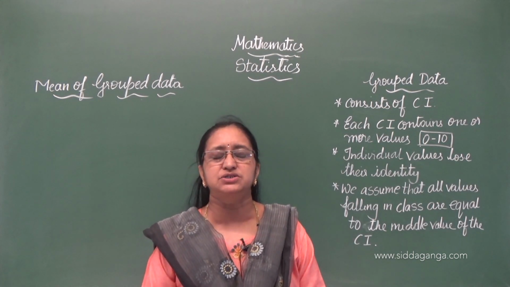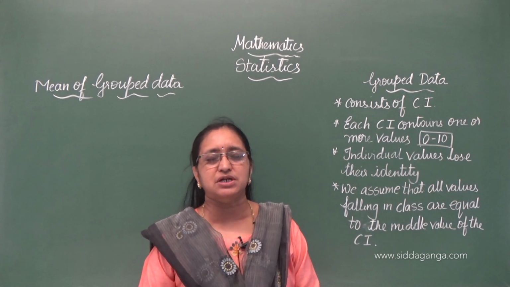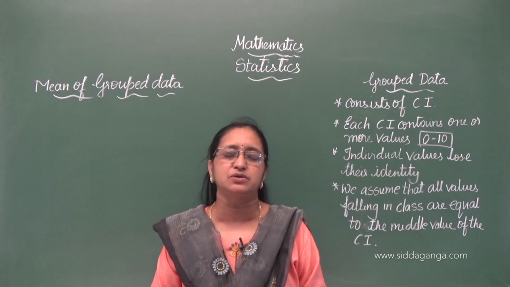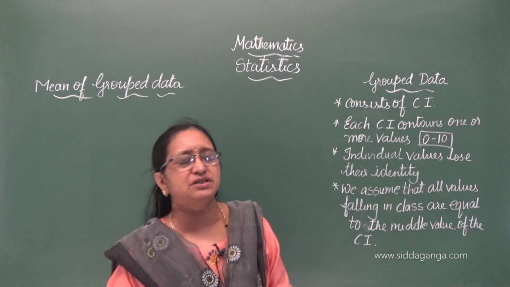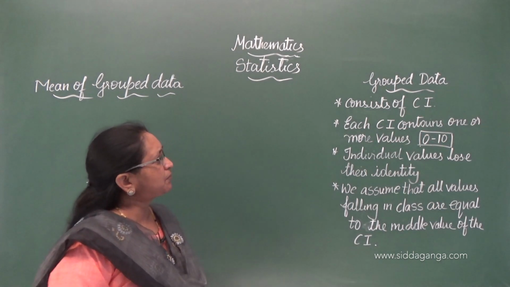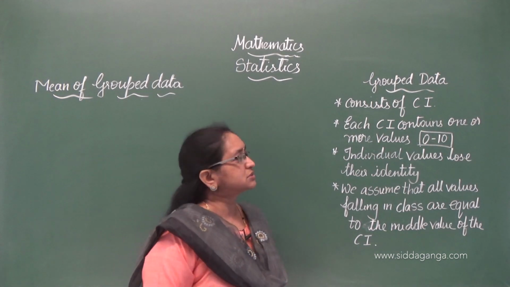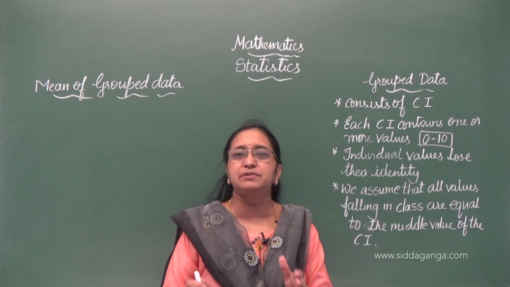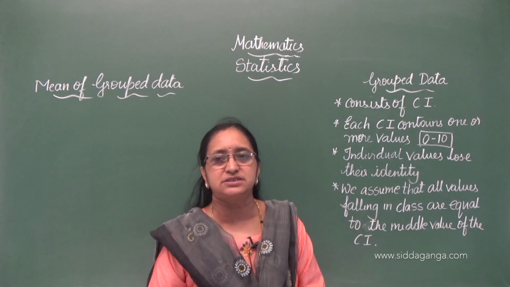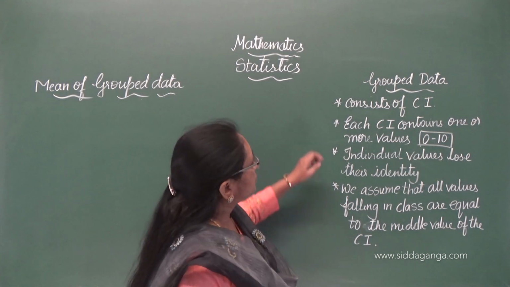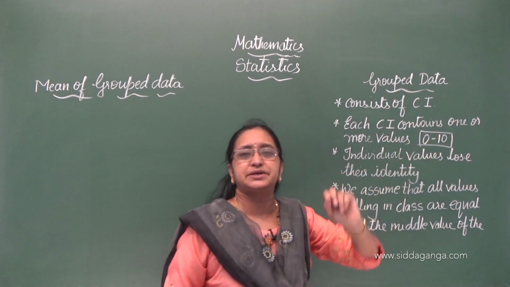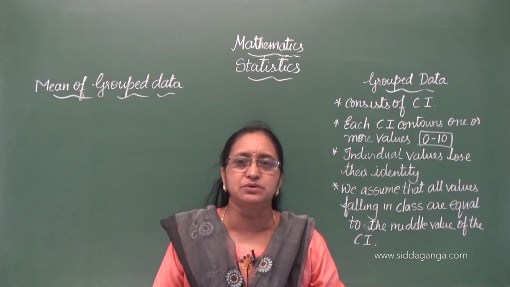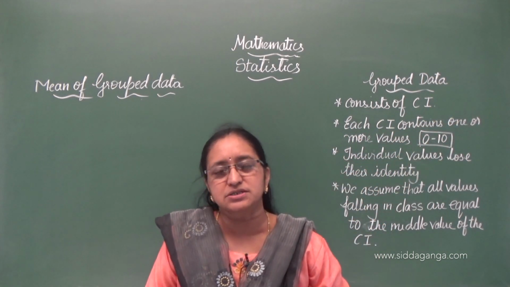Once again, we'll try to recall. In the introduction class, I told you the difference between grouped and ungrouped data. Once again, we'll recall a few points because you are studying grouped data in the 10th standard only. Now, grouped data consists of class intervals.